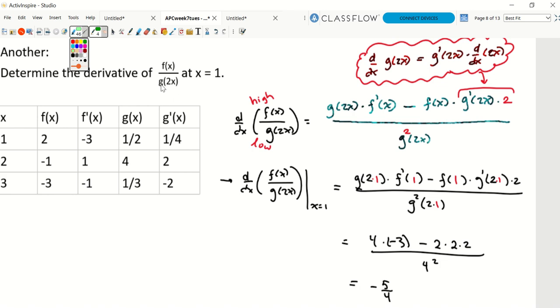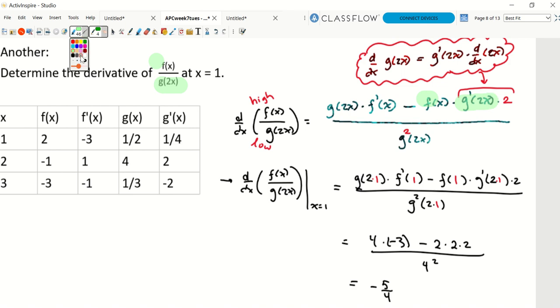Here we go. Quotient rule. This is quotient rule with the chain rule. We have a function divided by a function, which already clues us in that it's going to be quotient rule. So low d high minus high d low.